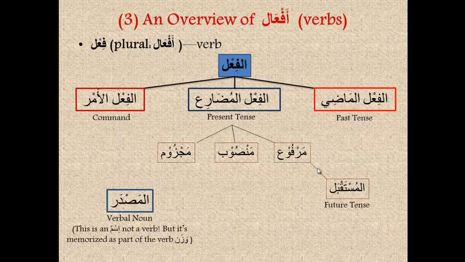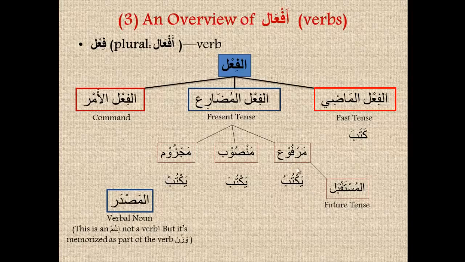Let me give you a few examples at this point. We have kataba, which means he wrote. Kataba, he wrote. That's a past tense verb, fi'l al-madi. Now in the present tense, we can have three different versions. We can have yaktubu for the marfu' form. We can have yaktuba for the mansub, and yaktub for the majzoom form.